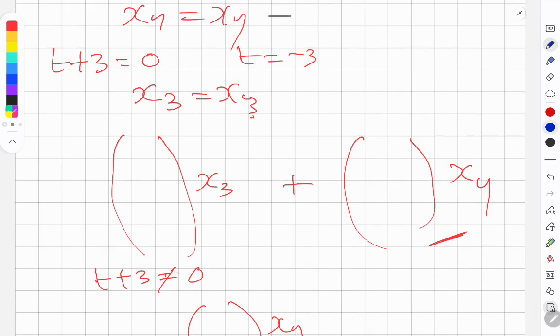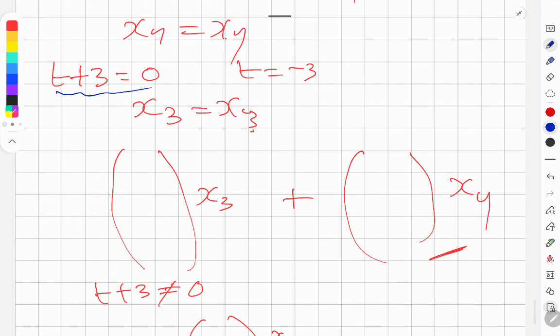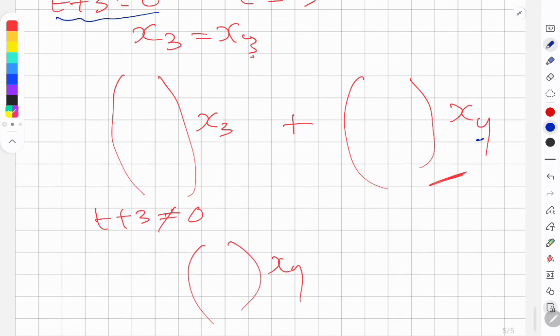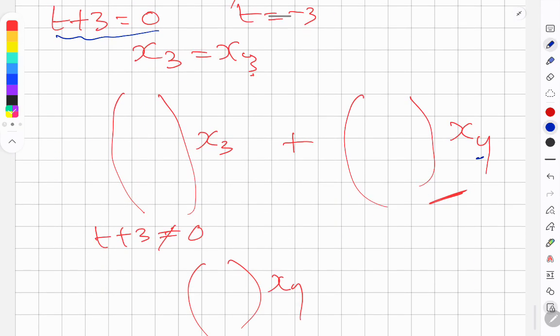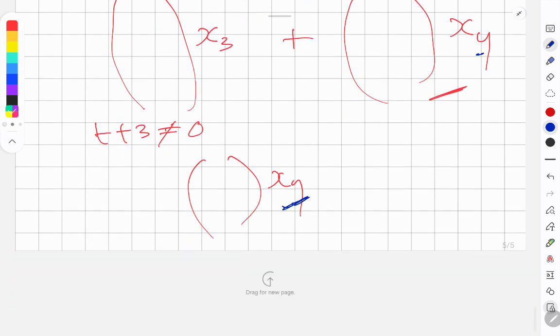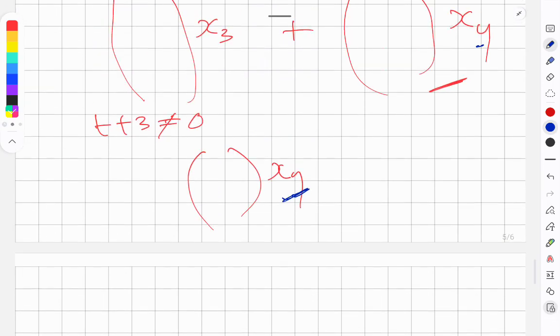Now you see, when t plus 3 equals 0, you have two free variables, so infinitely many solutions. If t plus 3 is not equal to 0, you will have one free variable, x4, which again gives infinitely many solutions. So there is no such value of t. The answer to this question is no.